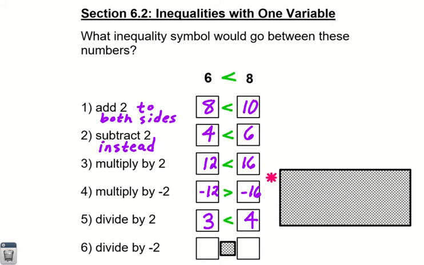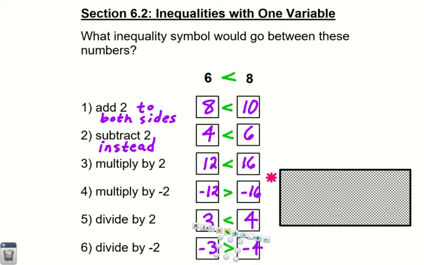And what if instead we divide both sides here by -2? Well, that would be -3, and over here, -4. And once again, we have to make this a greater than.